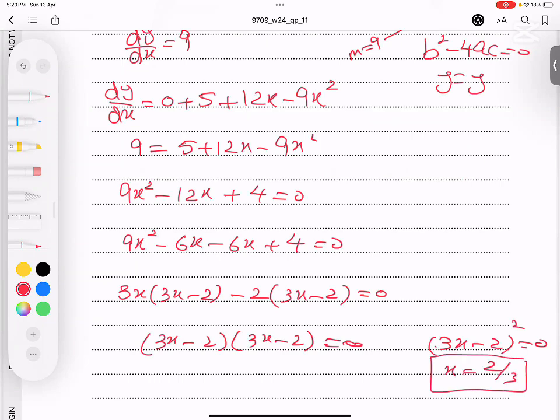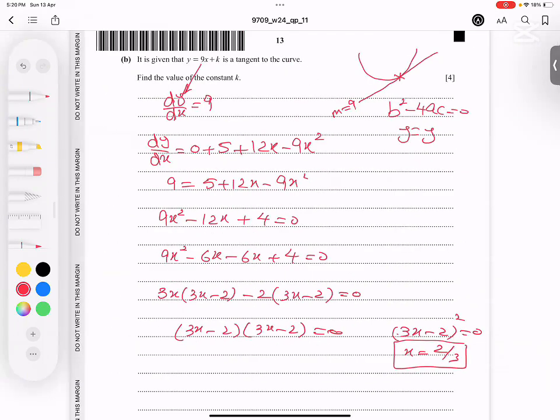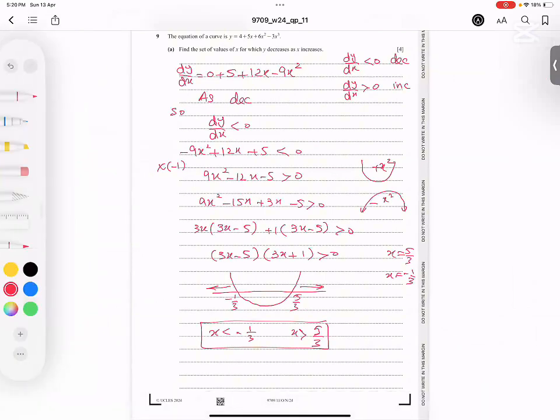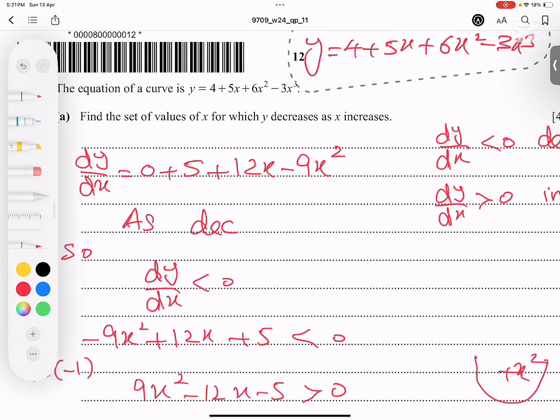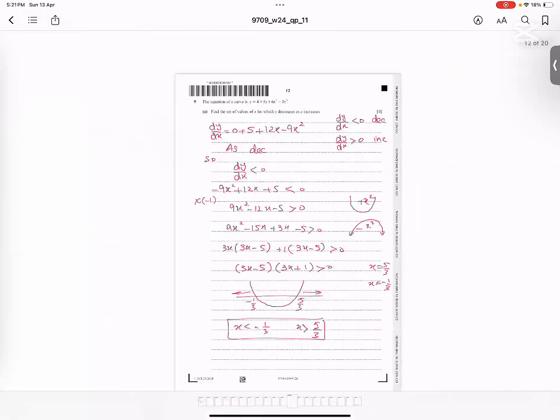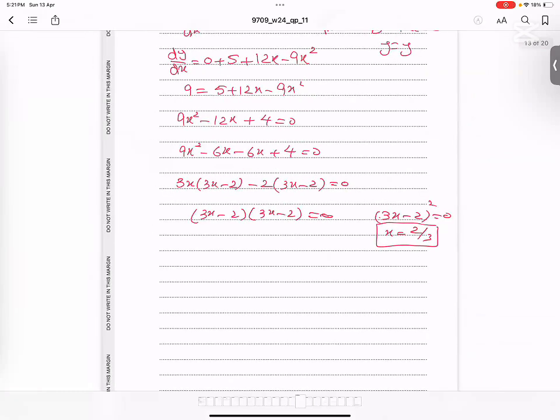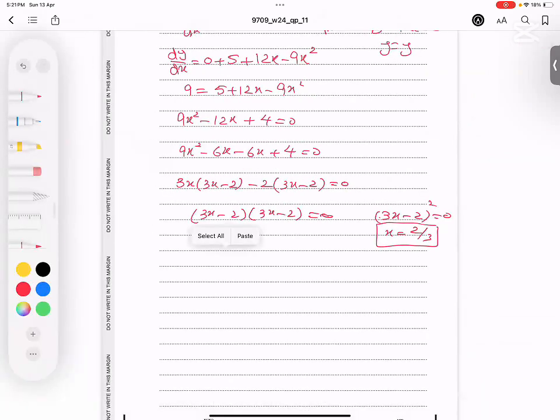This is the x value, students. So how to get the y value? If I plug into the equation of the curve, students, you are aware of this way. What equation of the curve do we have? 4 plus 5x plus 6x to power 2 minus 3x to power 3. Our planning is to get y also.